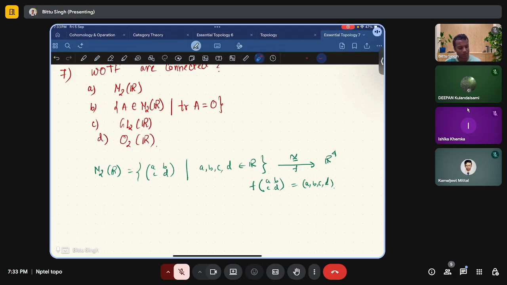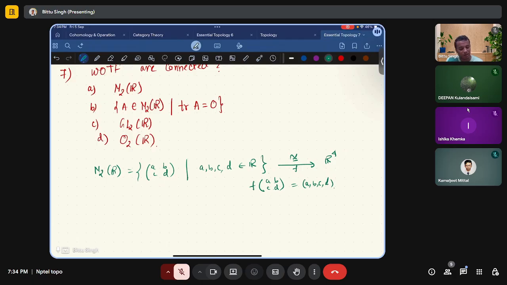It should be clear that this representation is nothing but rewriting the same R4 in a different manner. So this is actually a homeomorphism because we are dealing with the same metric, just a different representation, different notation.